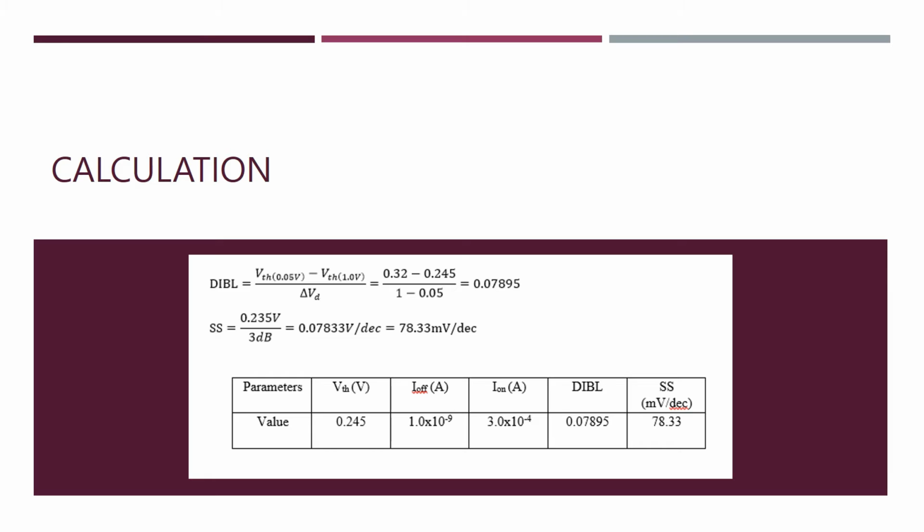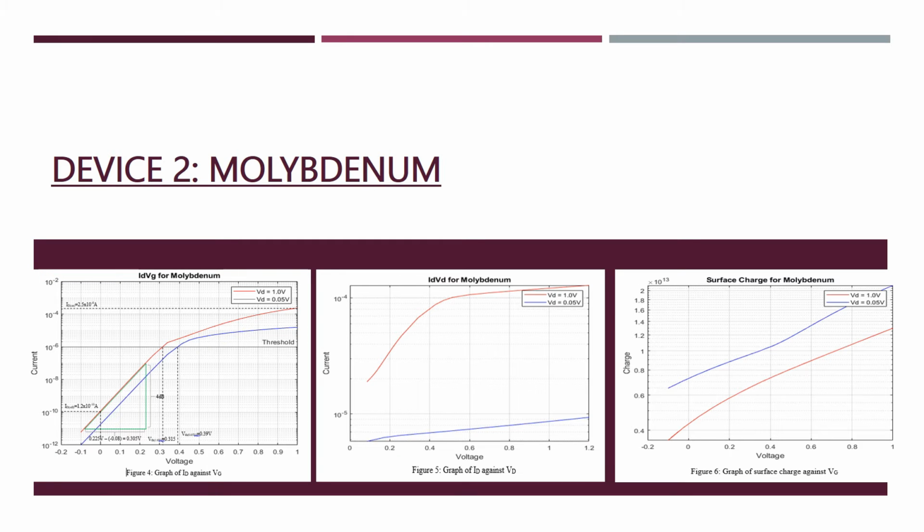For the second device, which is molybdenum, the first graph is ID against VG, the second graph is ID against VD, and the third graph is surface charge versus VG.